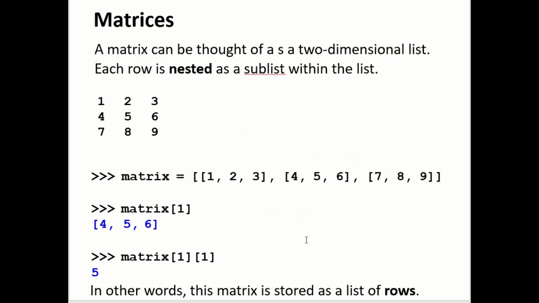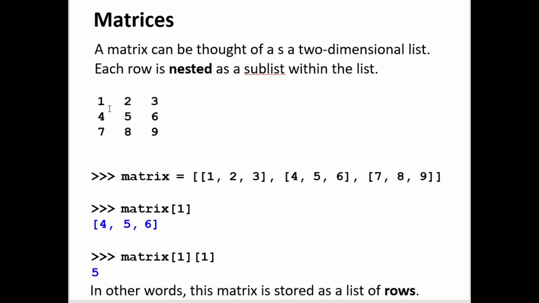A matrix. A matrix can be expressed as a two-dimensional list, a two-dimensional space here. Each row, expressed as a list, can be nested as a sublist within the broader list.